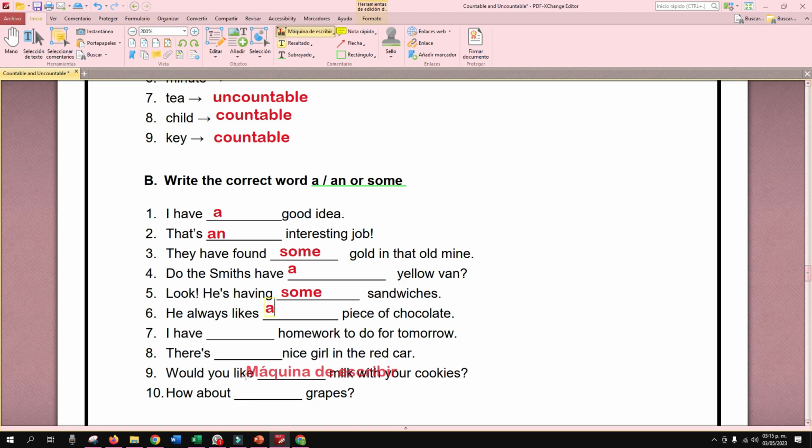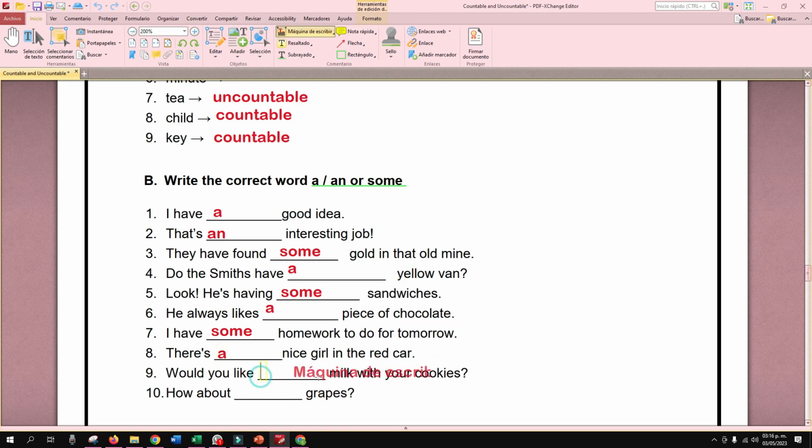I have some homework to do for tomorrow, right? Remember that homework is an uncountable one, right? So you can't say homeworks. So, I have some homework to do for tomorrow. There's a nice girl in the red car, right? There's a nice girl in the red car.